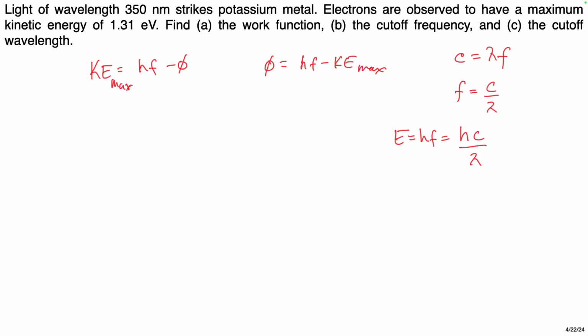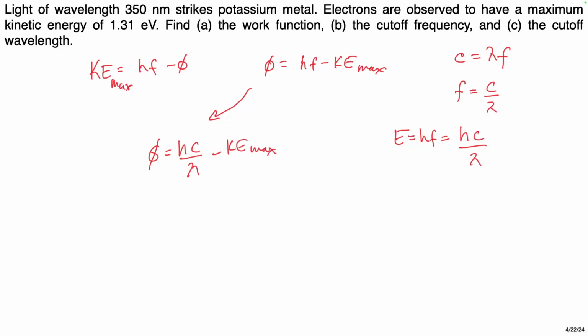All right, so we can go ahead and start putting this all together. My work function is going to be Planck's constant times the speed of light divided by the wavelength, minus my maximum kinetic energy.